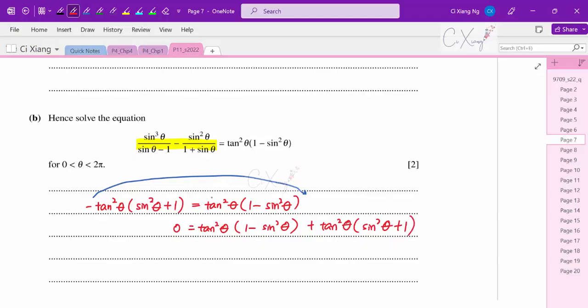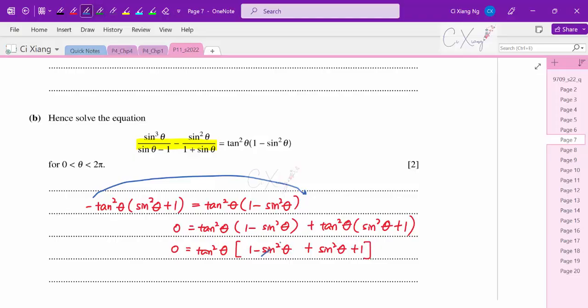To solve this equation, I need to further factorize it. Let's say this whole thing is the first term and this whole thing is the second term, so I can take out a tangent square theta from both the first term and the second term. The first term leaves 1 minus sine square theta, and the second term still has sine square theta plus 1.